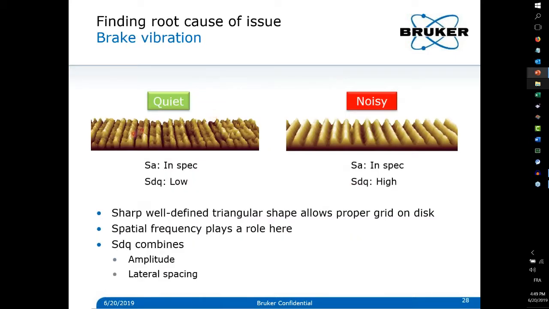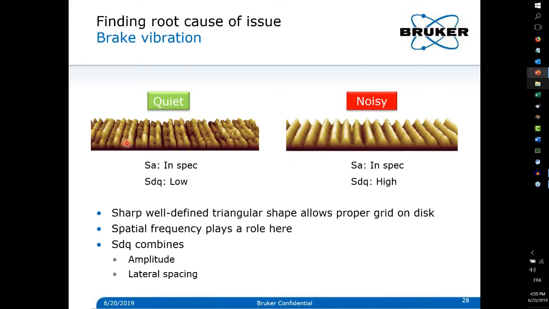SDQ can also be used for mechanics like brakes. Whenever you brake, you want it to be nice and quiet instead of noisy, because in case of noise, you have a feeling of being unsafe. Here you see the two surfaces of the brake pad were in spec, and the braking disc was okay in terms of mean roughness. However, it was not okay in terms of making noise.